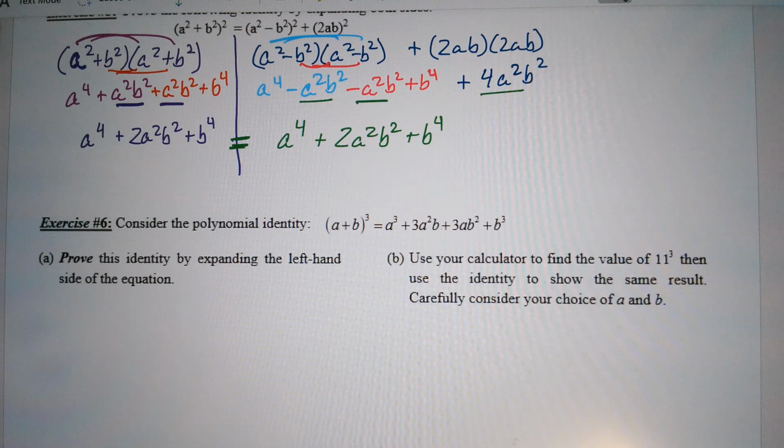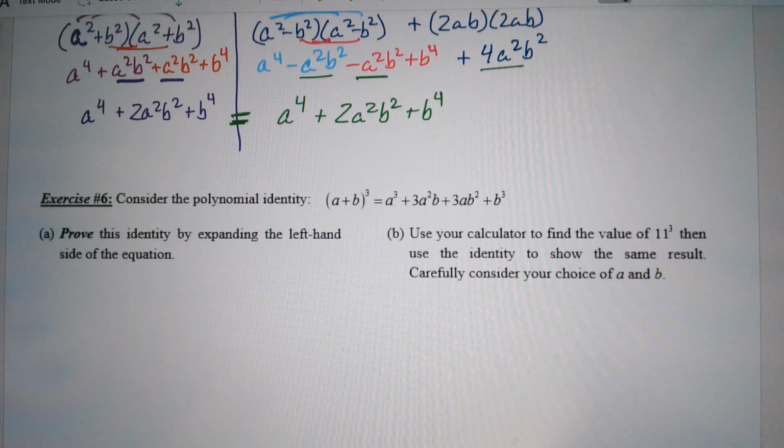Exercise 6, consider the polynomial identity: a plus b cubed is equal to a cubed plus 3a squared b plus 3ab squared plus b cubed. Prove the identity by expanding the left-hand side of the equation.